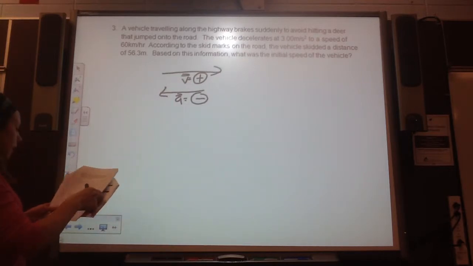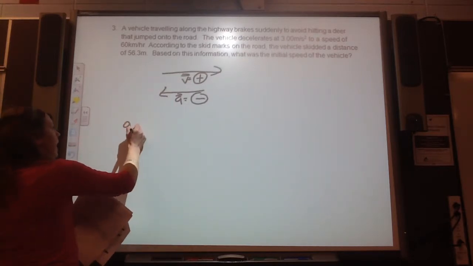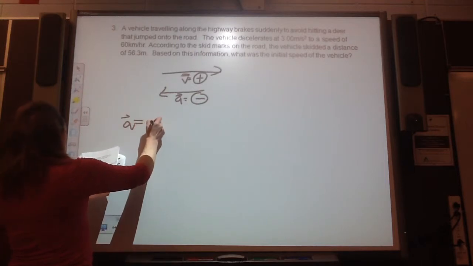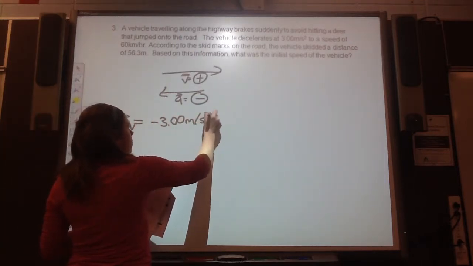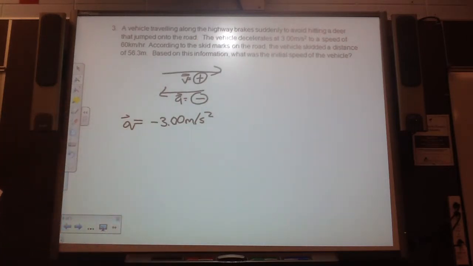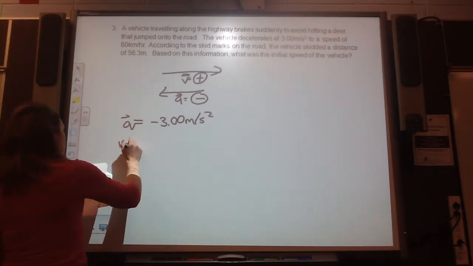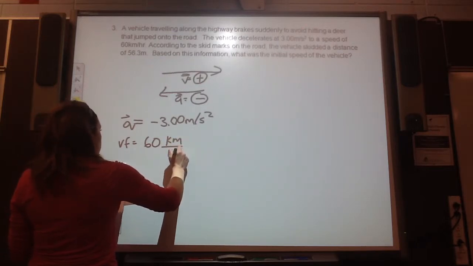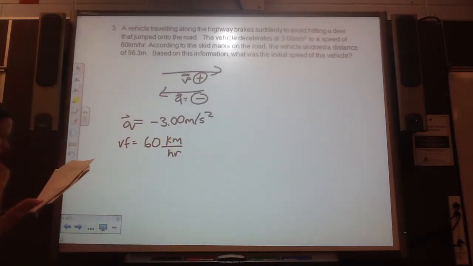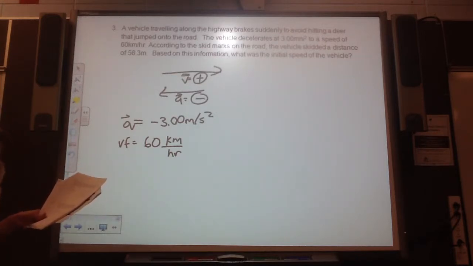So when I am writing down what I know, I'm going to say that A is equal to negative 3.00 meters per second squared. Its final speed, VF, is 60 kilometers per hour. I need to convert this into meters per second.